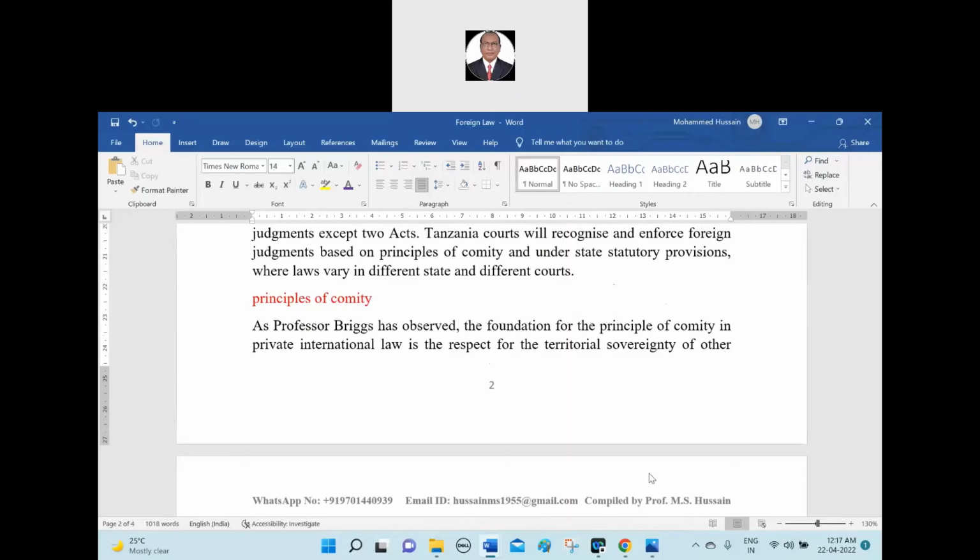If you know it, tell me. I'm sure that the apex court is the Supreme Court, to my knowledge, subject to correction. When you ask what is the apex court in India, I can say it is the Supreme Court of India. Then what is the apex court in Tanzania? Court of Appeal.